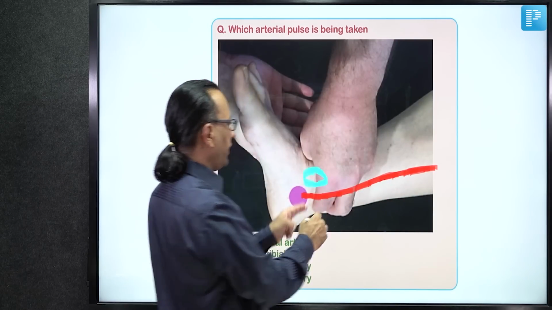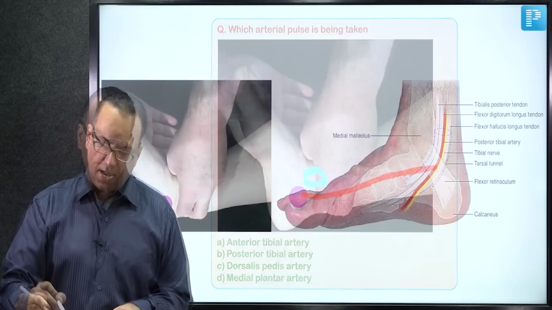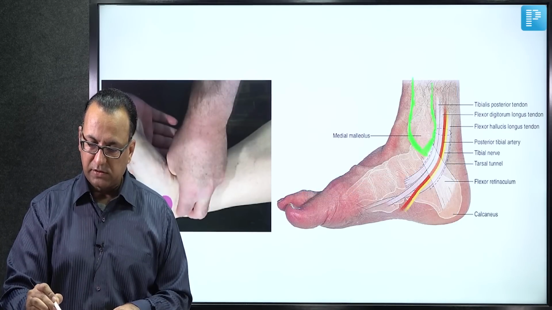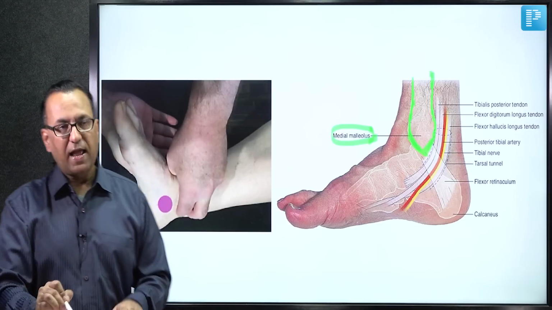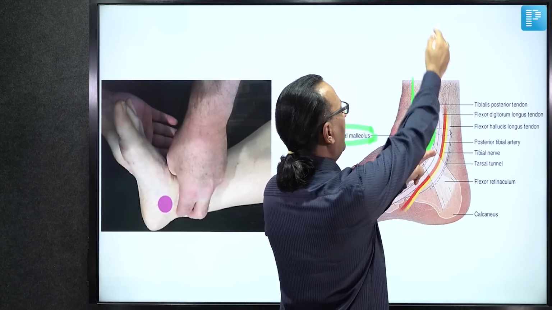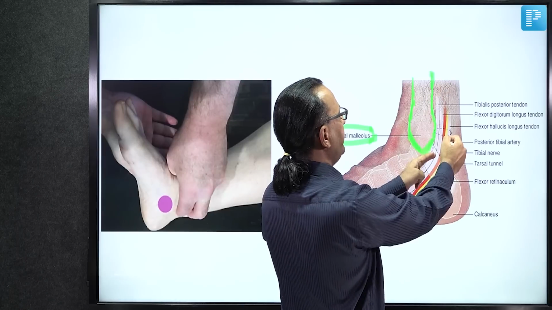Let us have some more details regarding this artery. We see this is the lower end of the tibia bone, where we have this medial malleolus, and lying behind the tibia bone, behind the medial malleolus, coming from the calf region, is the posterior tibial artery.